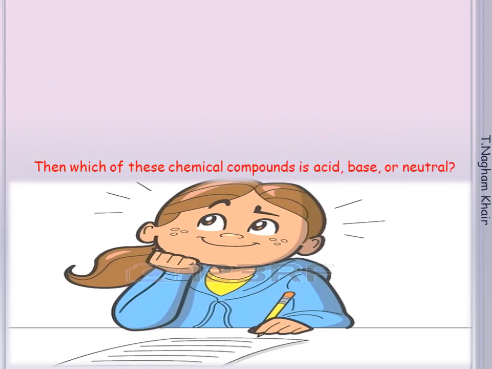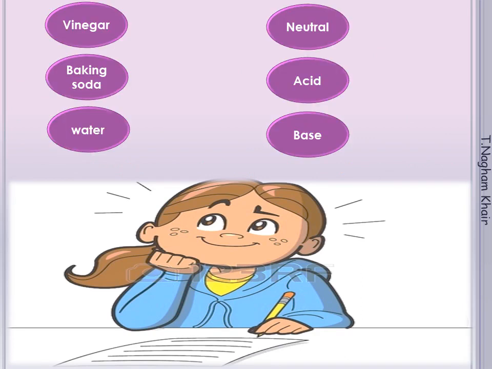Then which of these chemical compounds is acid, base or neutral? Vinegar, as we said, is acid, baking soda is base, and water is neutral, according to their tastes and their color with the indicators.